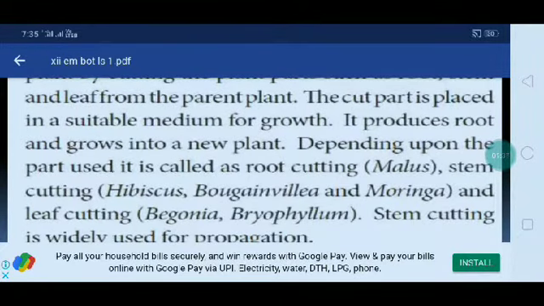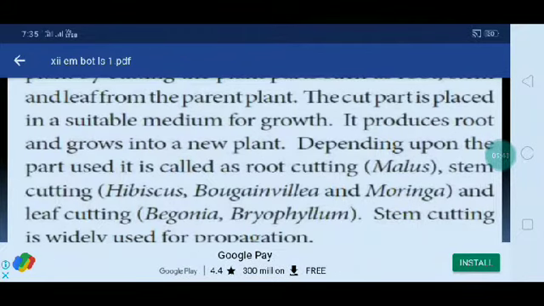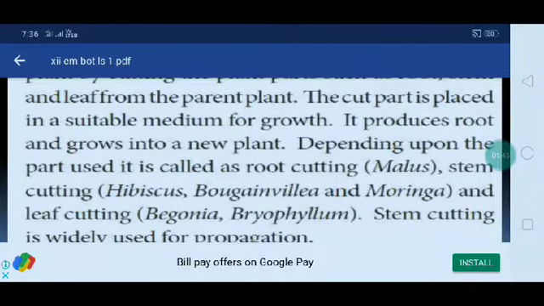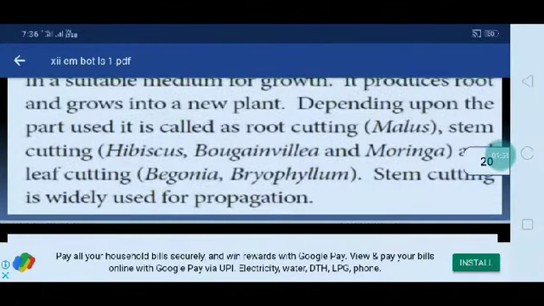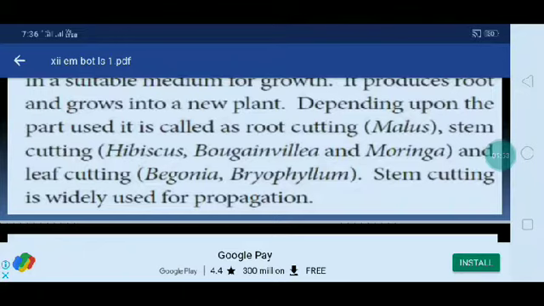Depending upon the part used, it is called root cutting, malus; stem cutting, hibiscus, bougainvillea and moringa; and leaf cutting, begonia and bryophyllum. Stem cutting is widely used for propagation. So these are the various cuttings, used in stem, leaf and root.